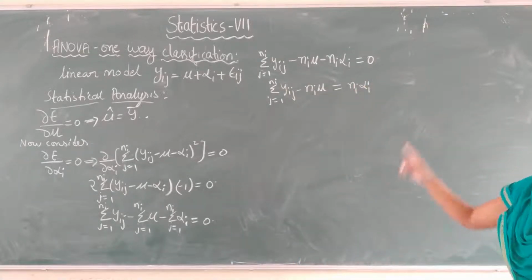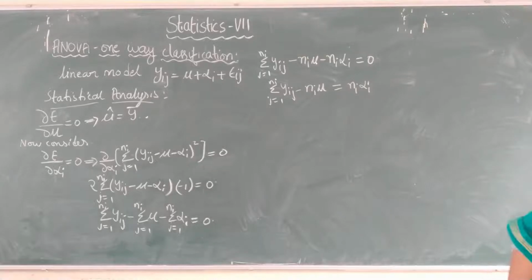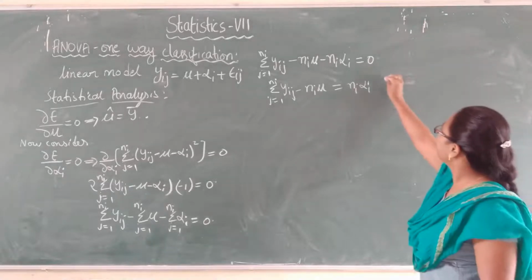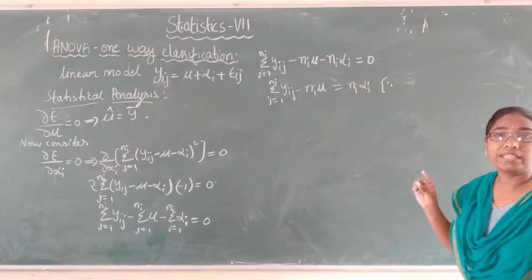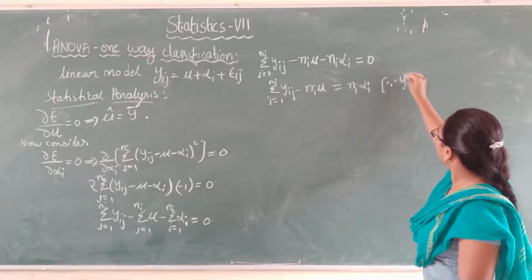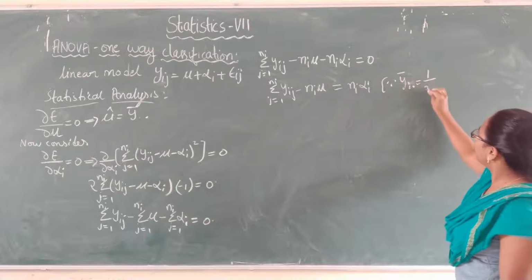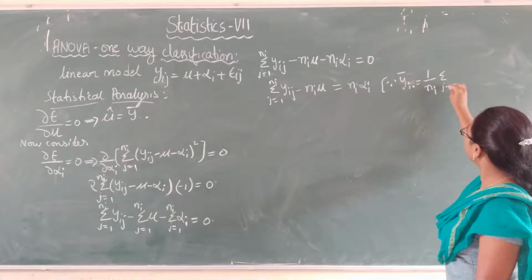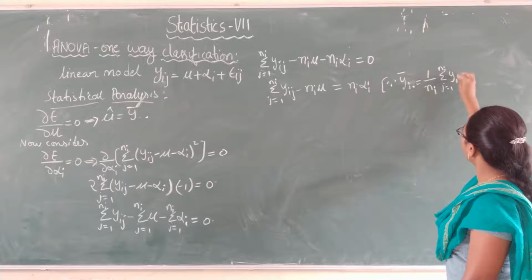Now here we have the mu value. From the first normal equation, while differentiating with respect to mu, we got the estimated value of mu. You can substitute that mu value here. We also have the formula for the ith treatment mean, yi dot bar equals 1 by ni summation over j equals 1 to ni Yij.